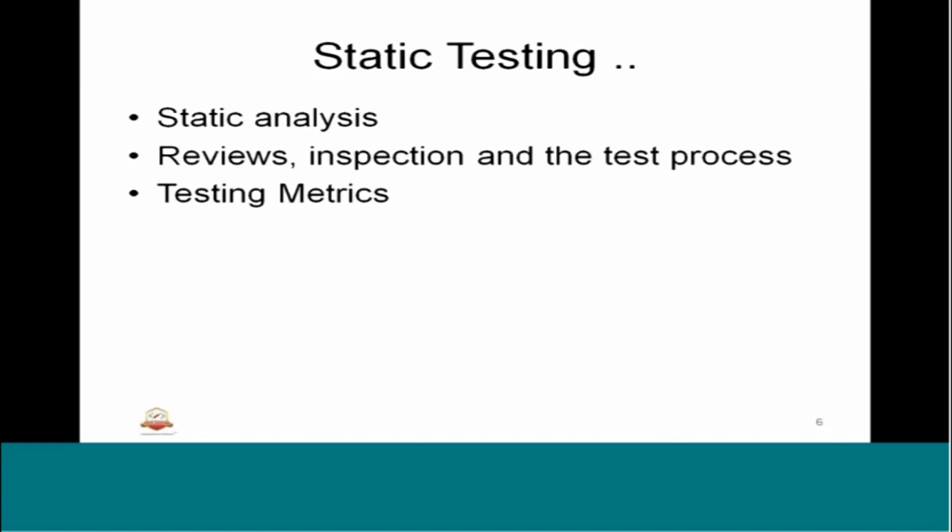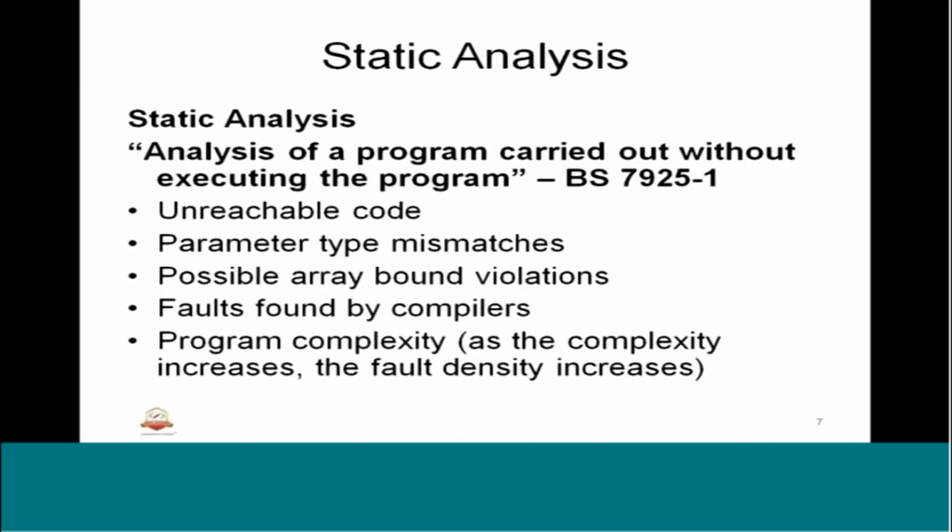The different types of static testing are static analysis, review, inspection, and the test process. Then we have testing metrics, which are used for reporting, tracking, and making sure that the testing is complete in all aspects.